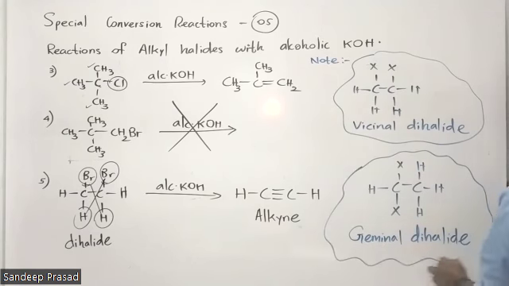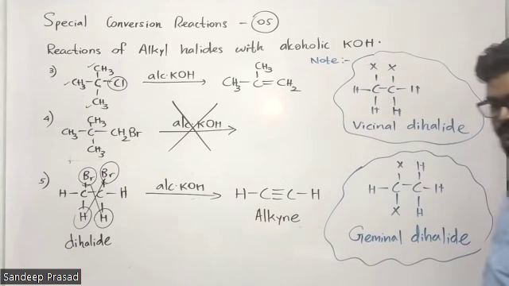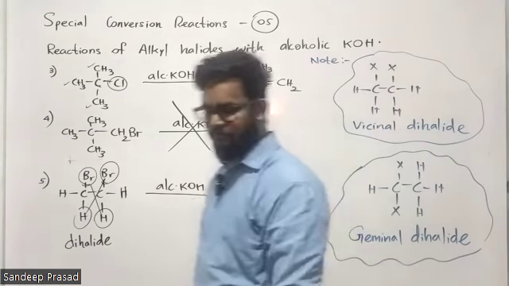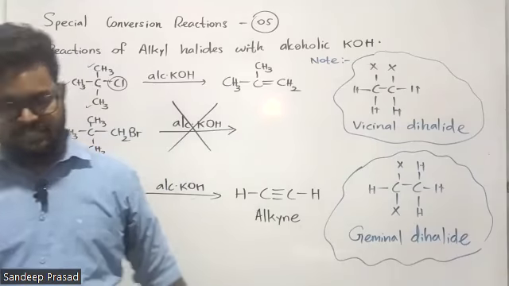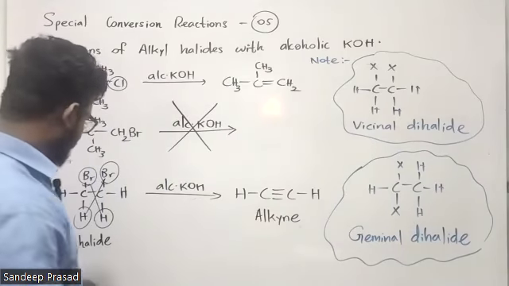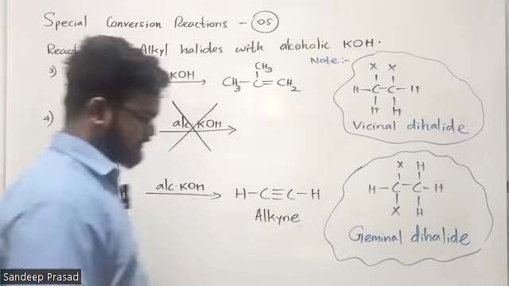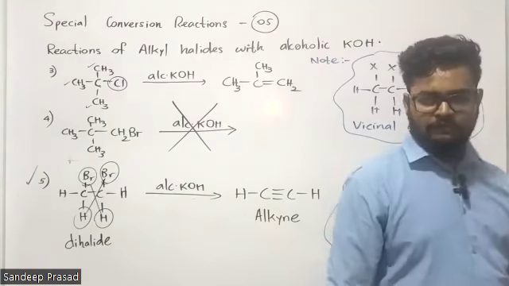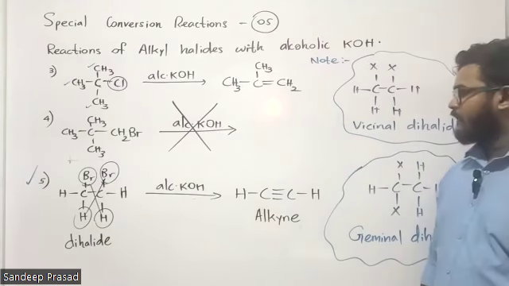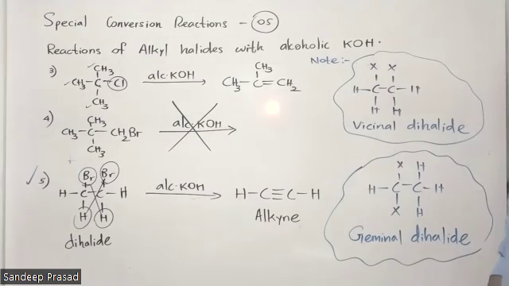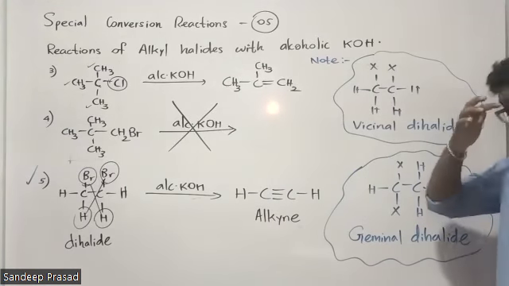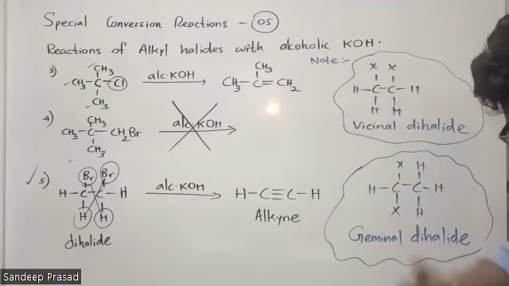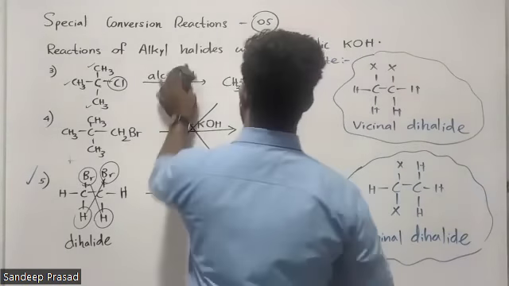Geminal dihalide, two halogen atoms are connected to the same carbon atom. So the fifth one that we discussed was a vicinal dihalide. Number 5, this looks like this. Number 6.